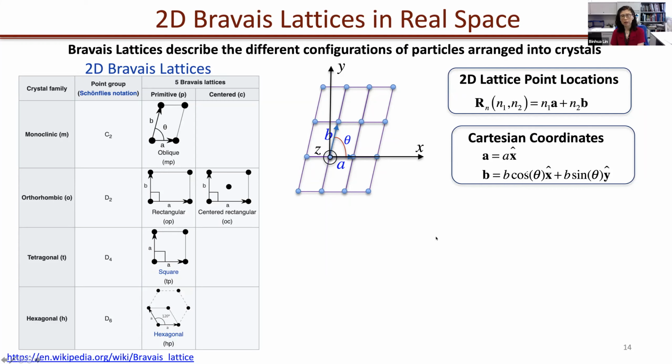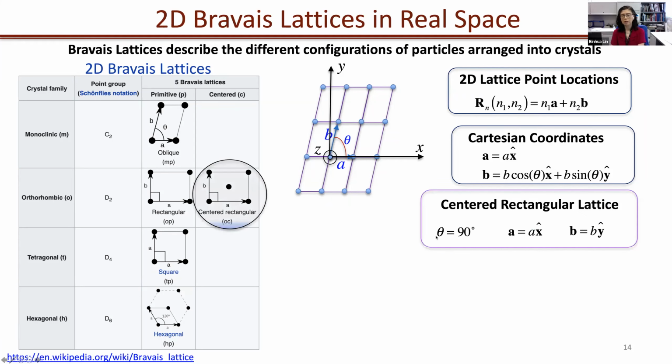For our work, we'll choose the centered rectangular lattice because it's much simpler to deal with. You can see in the Cartesian coordinates, theta equals 90, A is along the x-axis and B is along the y-axis. This is also because it's suitable for most of the samples that our users study.